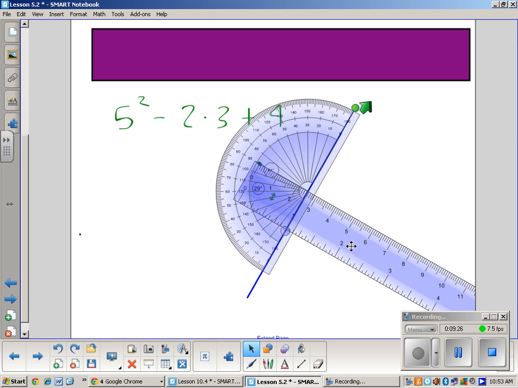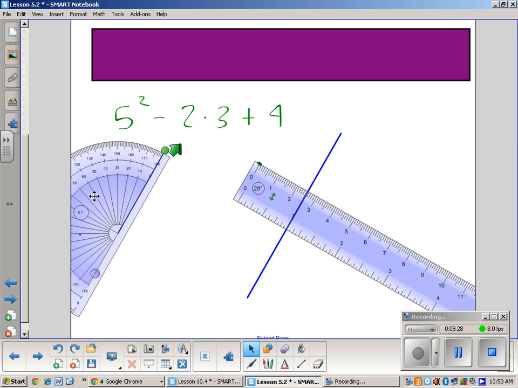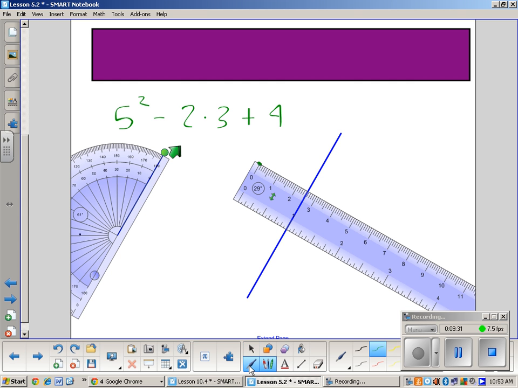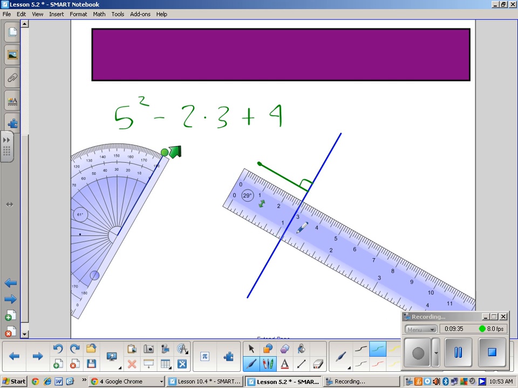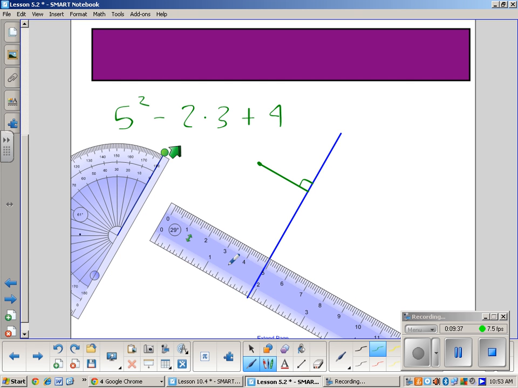Now that I have this perpendicular, I can move my protractor out of the way. The point is on the line that's perpendicular to the other line. Okay? What we're going to talk about in just a minute has us measuring the distance from a point to a line.